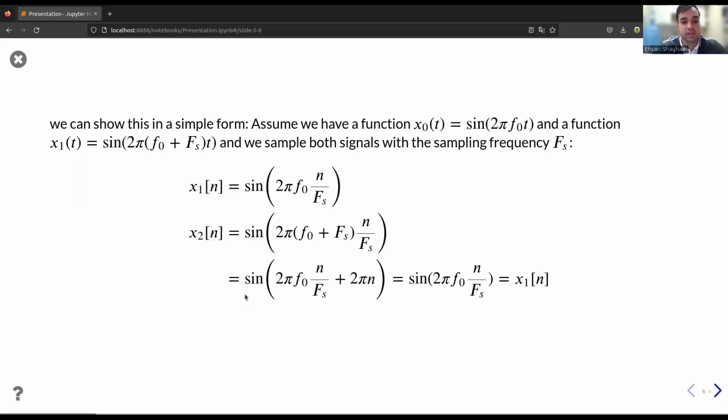Since sine is a periodic function, the 2 pi n term cancels out. So what we actually have is 2 pi f0 n over fs, which is again the same representation as the f0 series. So we have the same samples for two different frequencies.